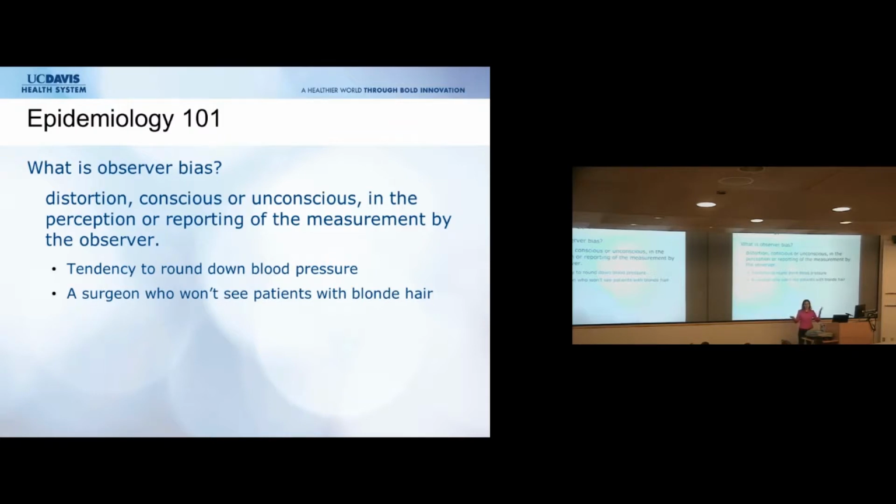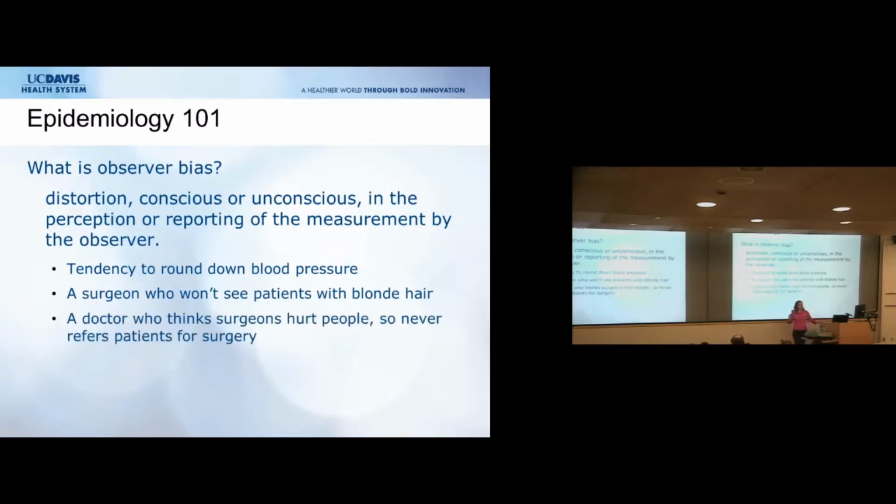There's no rhyme or reason to that, but the patients with blonde hair are not going to benefit from seeing that surgeon. A doctor who thinks that surgeons hurt people, so never refers his patients for surgery, that's a significant observer bias. And a surgeon who thinks that cancer patients always benefit from surgery may over-operate. So there are many ways that surgeons themselves can introduce bias into surgical decision making.